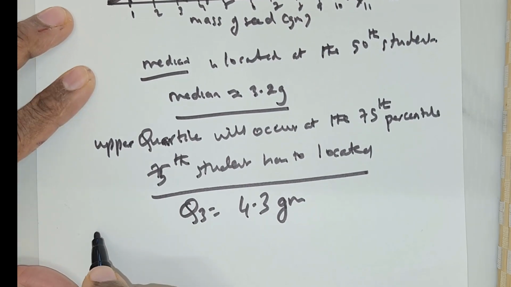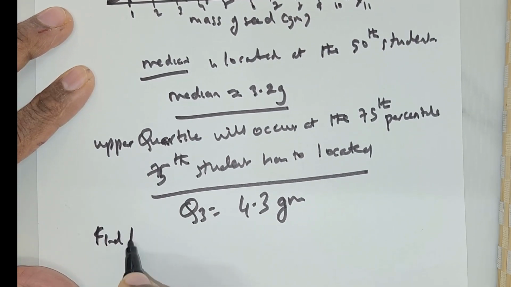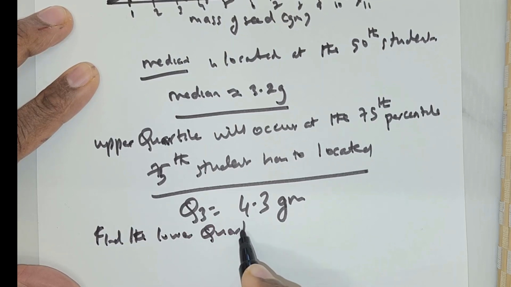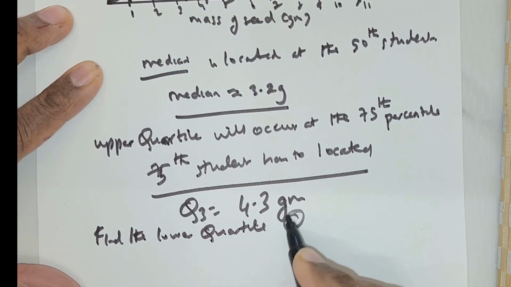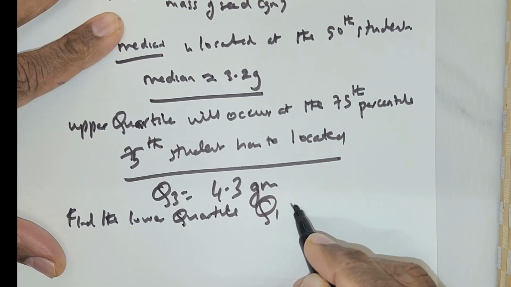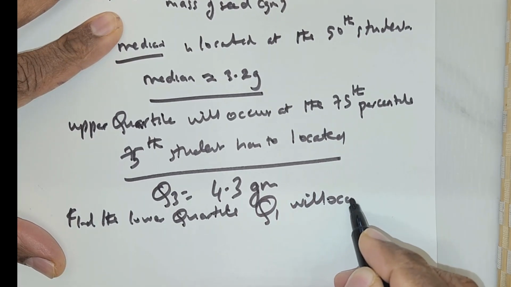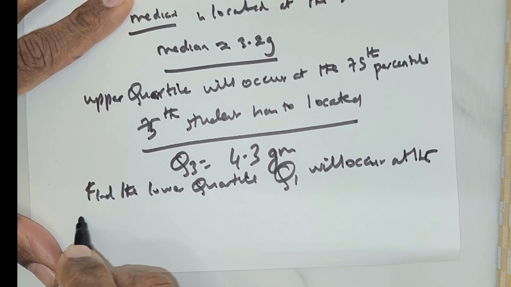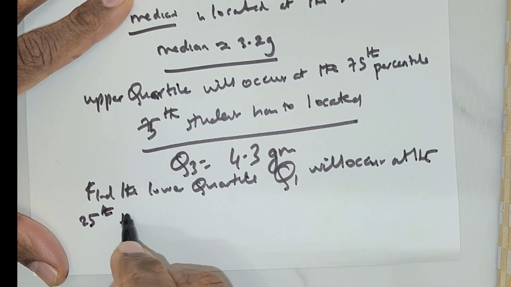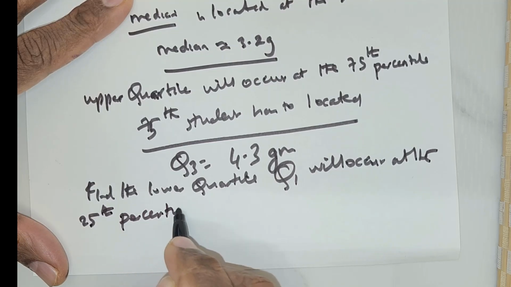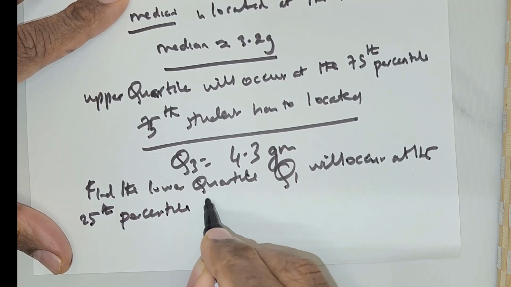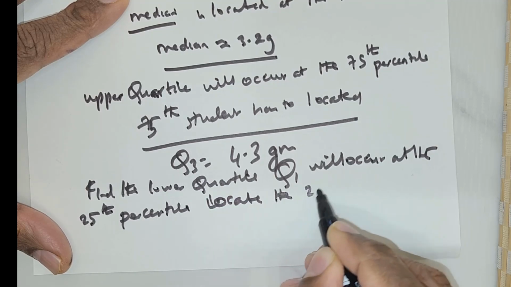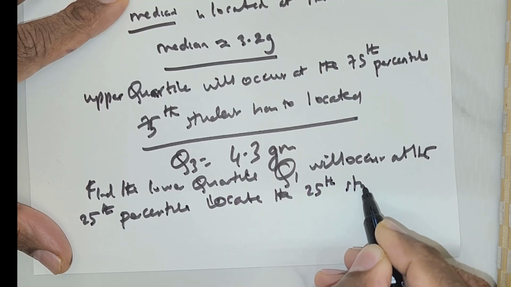Next they are asking us to find the lower quartile. Now the lower quartile is nothing but Q1, which will occur at the 25th percentile. So what do you have to do? Locate the 25th student.